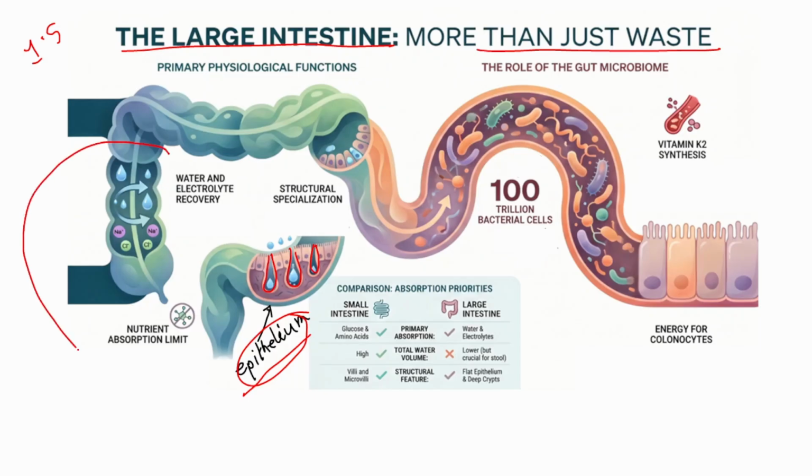This sodium and chloride absorption is balanced by a secretory pathway that drives potassium and bicarbonate secretion back into the lumen. This aggressive solute transport creates a sharp osmotic gradient that absorbs water, allowing the organ to convert liquid chyme into solid stool.